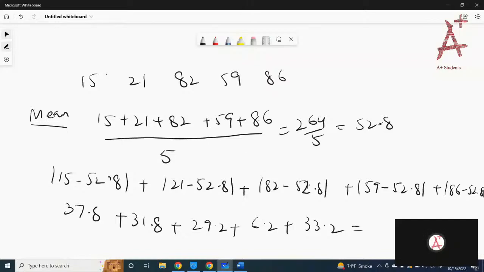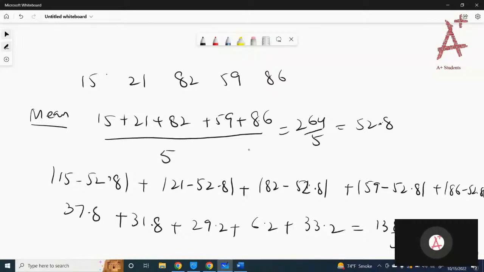37.8 plus 31.8, 29.2, 6.2, 33.2. It is 138.2, and divide them by 5. That is 27.64.